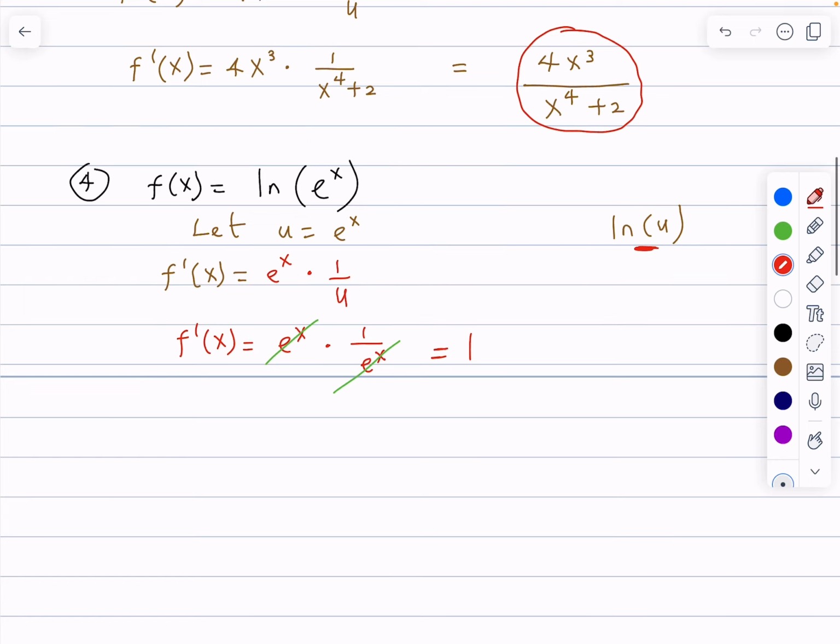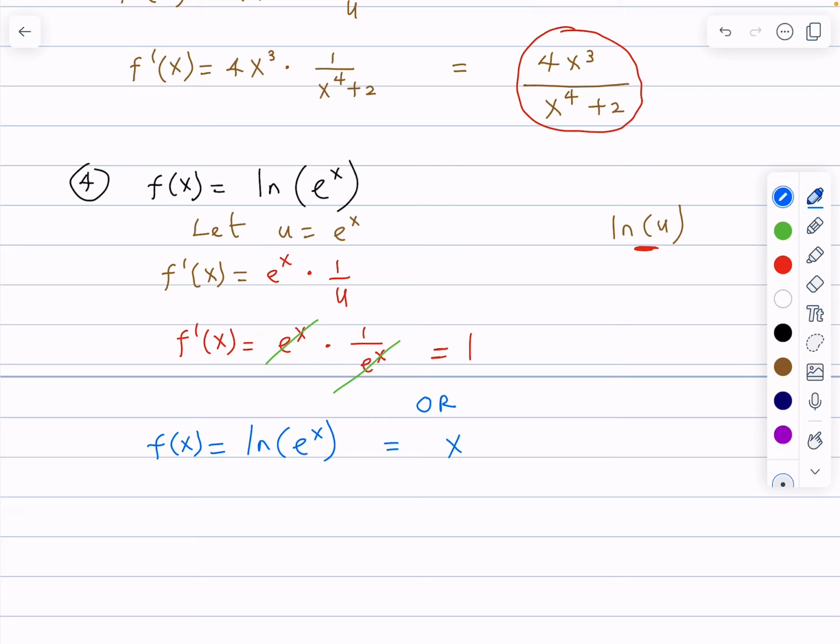There's another way you can solve problem number 4. Since f of x is equal to ln e to the x, by one of the rules of logarithm, ln e to the x is just equal to x.